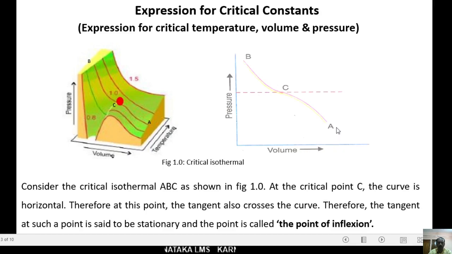ABC, shown here. At the critical point C, the red mark shown here, the curve is horizontal. The curve is just horizontal at this point. Therefore, at this point, the tangent also crosses the curve.